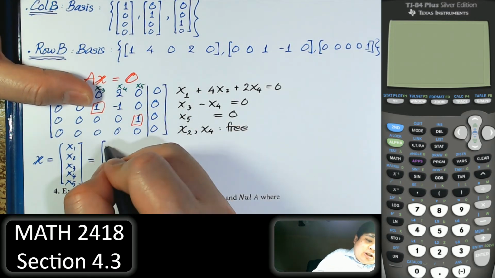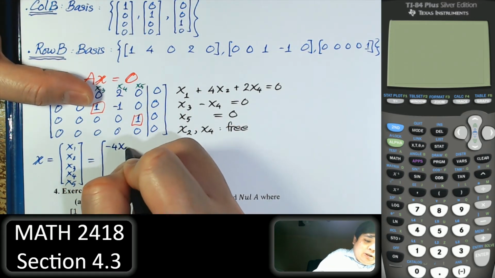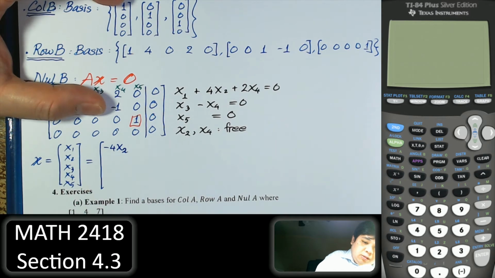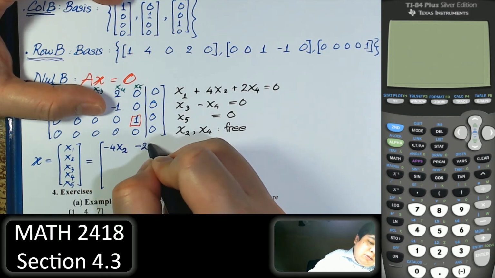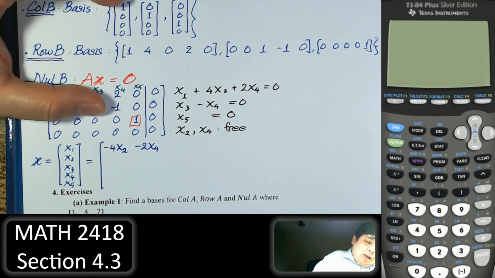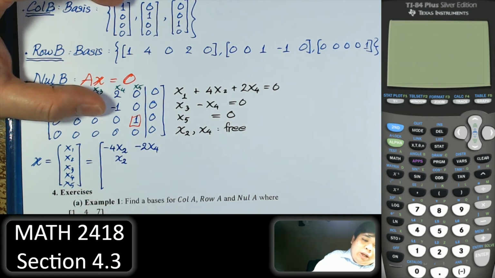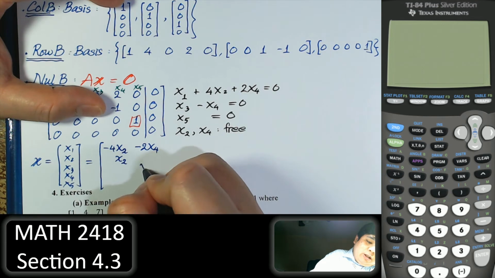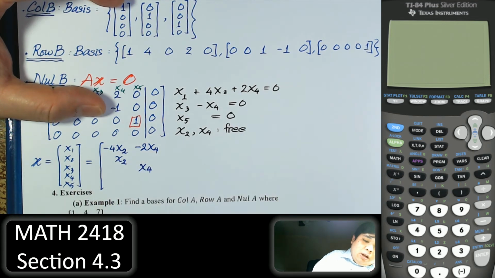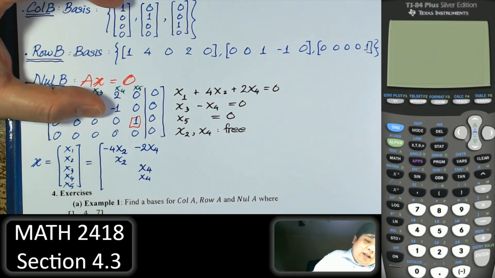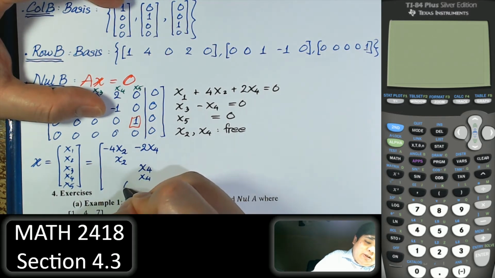Move this to the other side. x2 free, x3 equal to x4, x4 free, and x5 is 0.